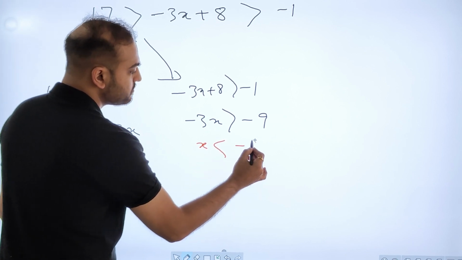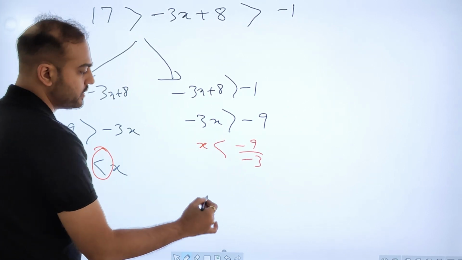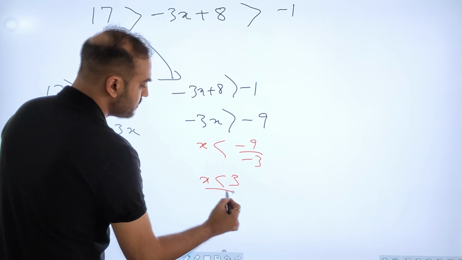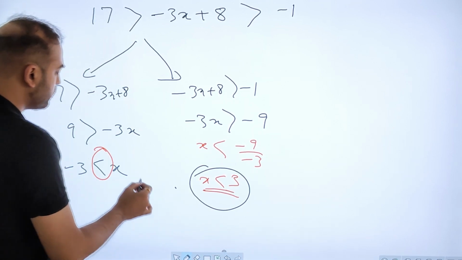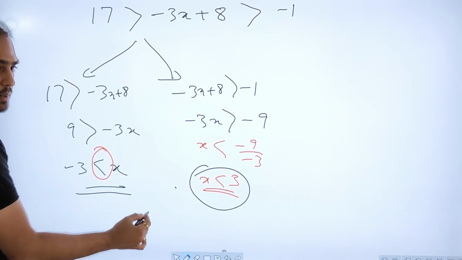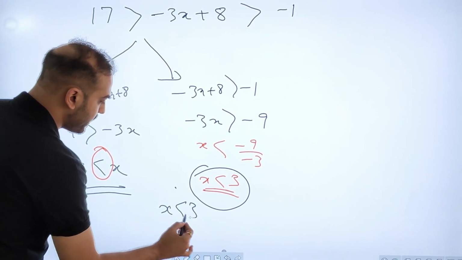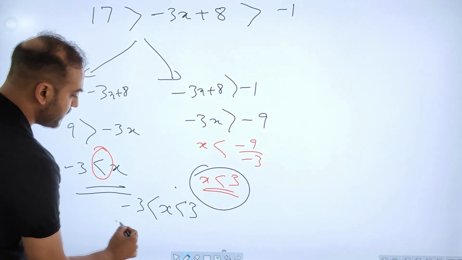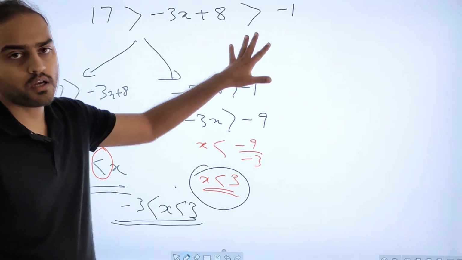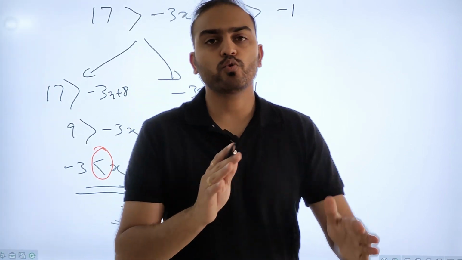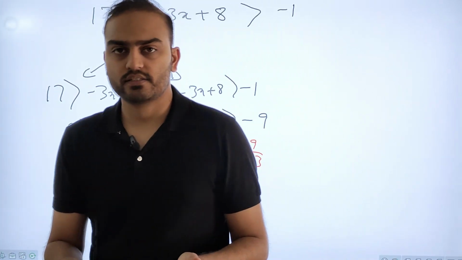So the sign changes, minus 9 over minus 3, you get x less than 3. Now that you have two answers, we combine the two and we get x is less than 3 and greater than minus 3.